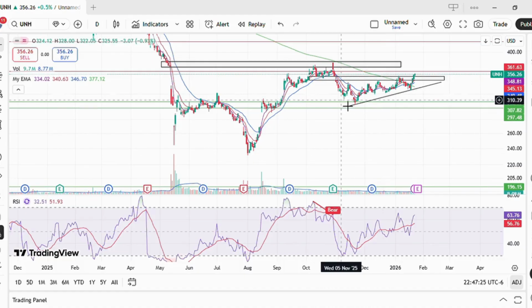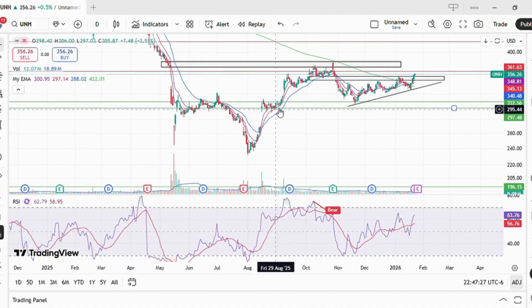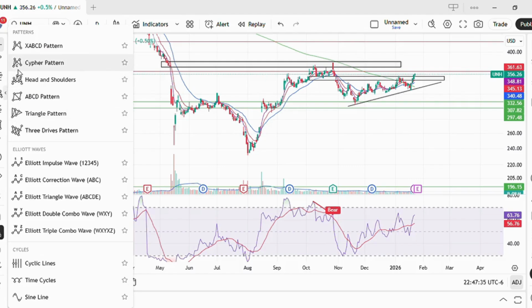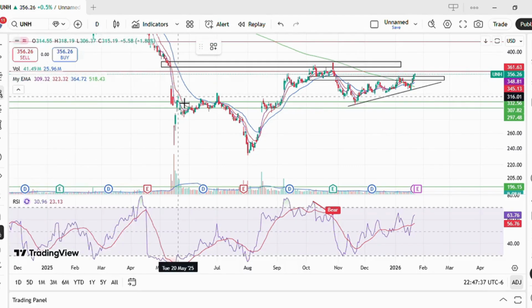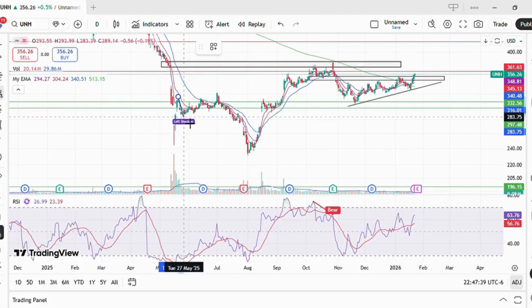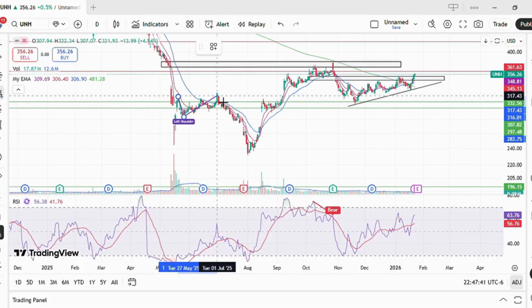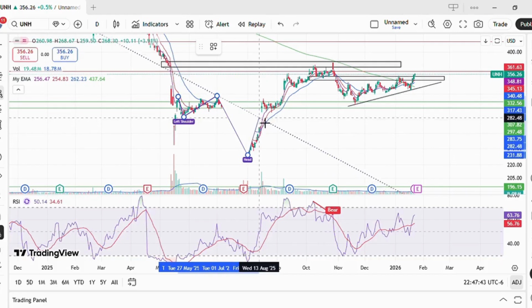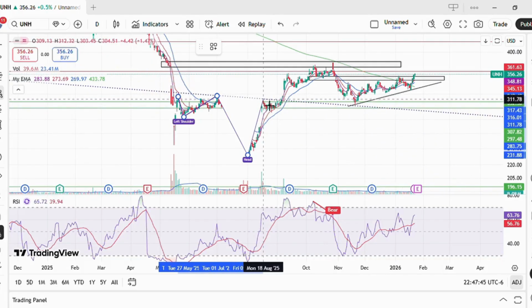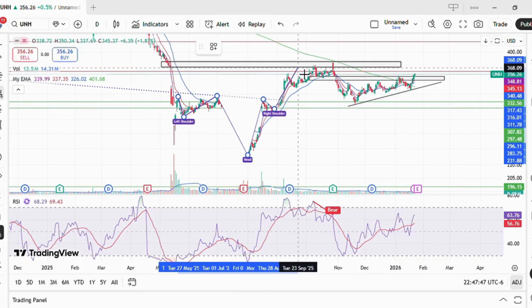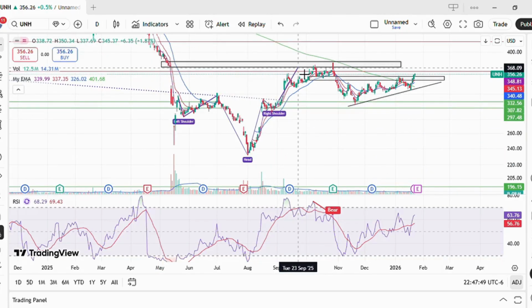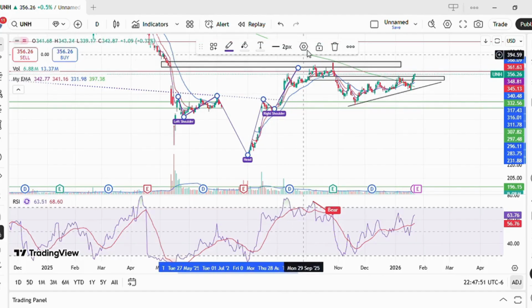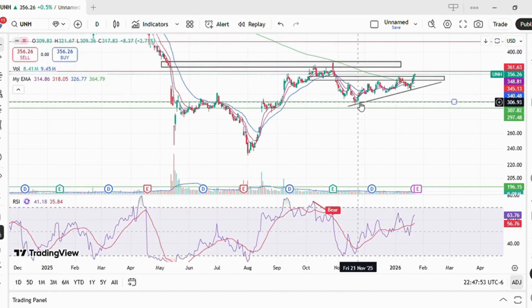Instead, it took support from this previous breakout, the neckline of this head and shoulder pattern breakout, and formed a higher low.